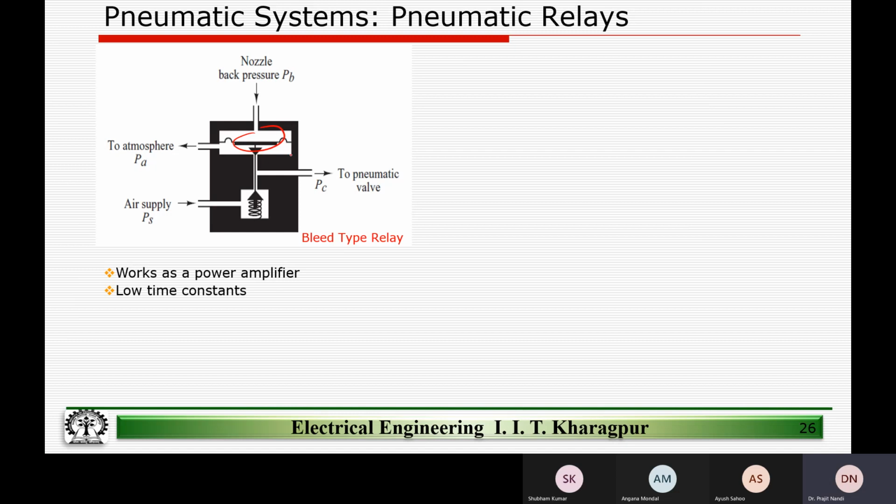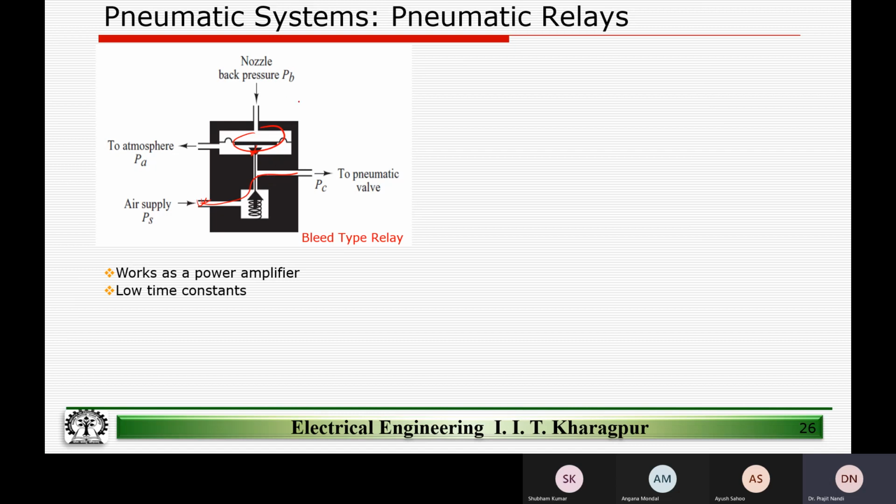So let's say we want to ensure that PC is equal to the power supply. In such a scenario, this valve will be shut off completely, so that the complete air goes here, right? However, in all other positions, except where you need this valve to be shut off, air continues to bleed to atmosphere even after equilibrium.